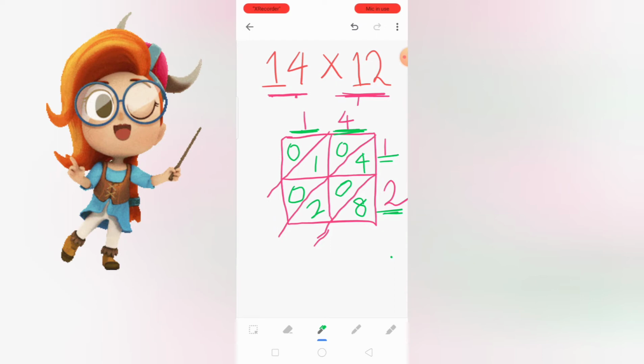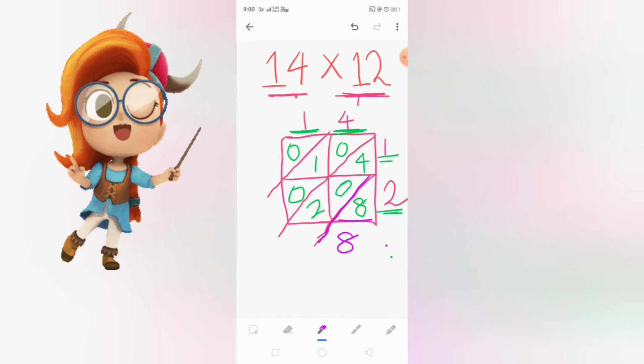But what do we add? We add diagonally, like this. Here only 8 is present below the first diagonal, so we have no addends for 8. We write only 8 here.